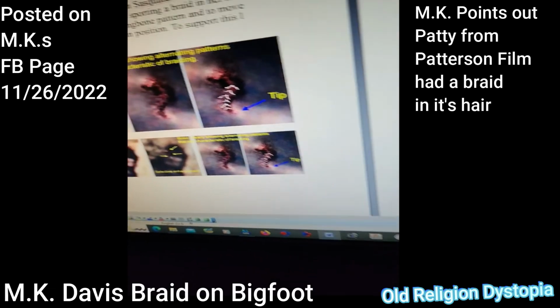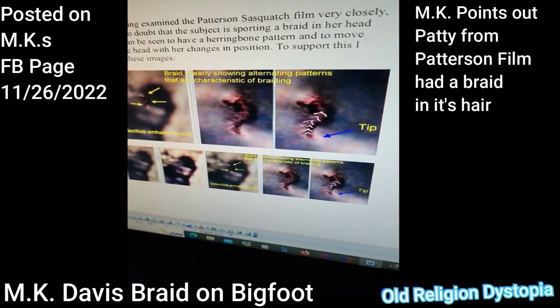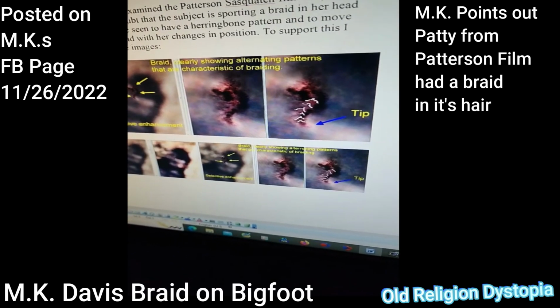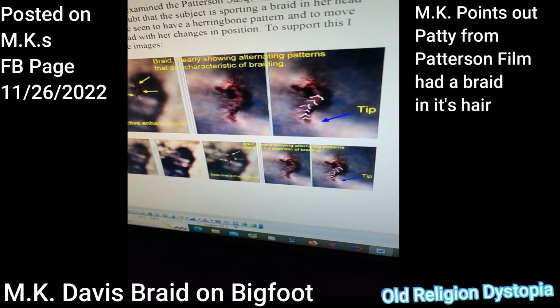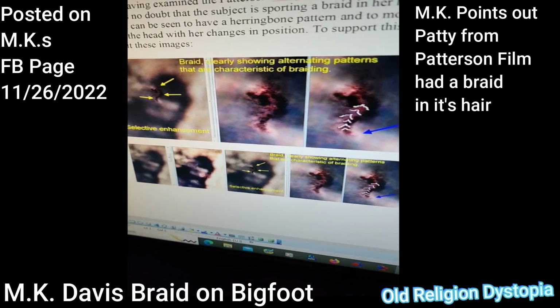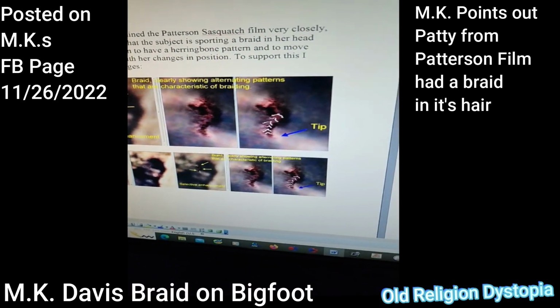Usually you find out that most of the Bigfooters who raise Cain about it are graduates of Humboldt State in Northern California, who had the only forestry program in Northern California.